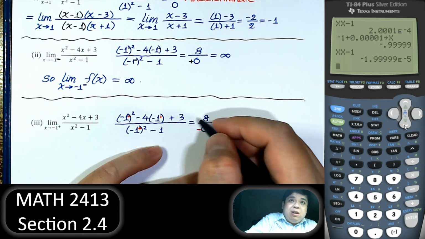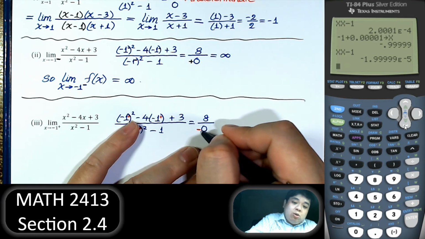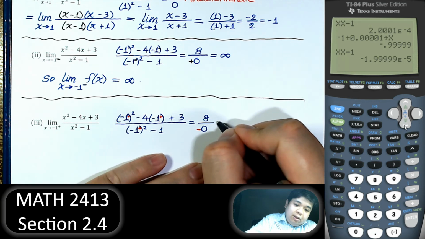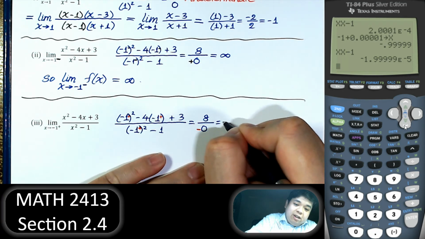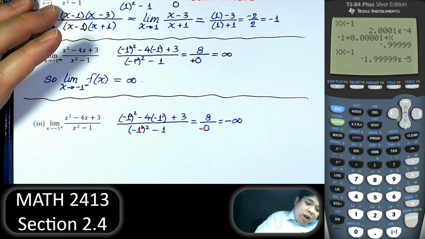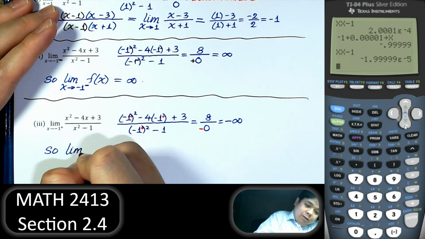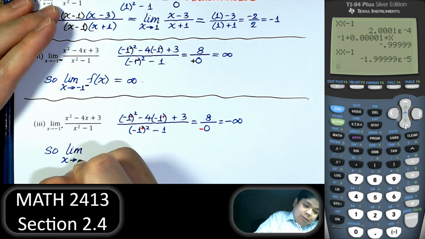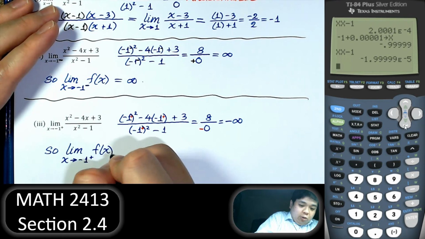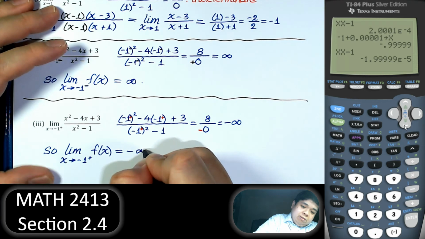The only thing that makes drastic changes is when we have something that goes to 0. Because if it's negative, positive divided by negative is negative infinity. So that's what we have. So when x goes to -1 from the right-hand side, the function goes to negative infinity.